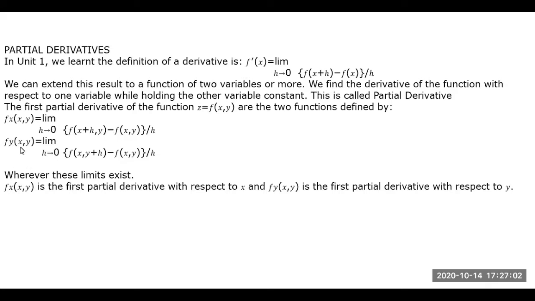Now, fy of x, y is really saying that we're keeping x constant and we're differentiating the function with respect to y. And so this is given by f of x comma y plus h minus f of x, y over h. Wherever these limits exist, this fx is known as the first partial derivative of the function with respect to x.